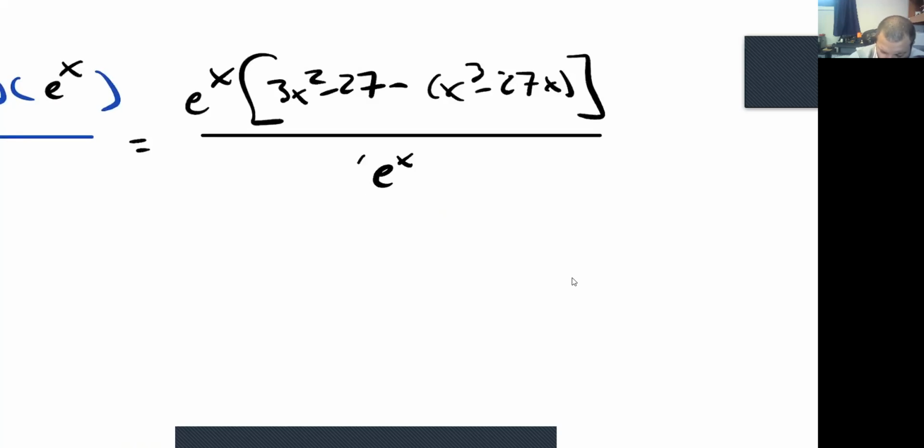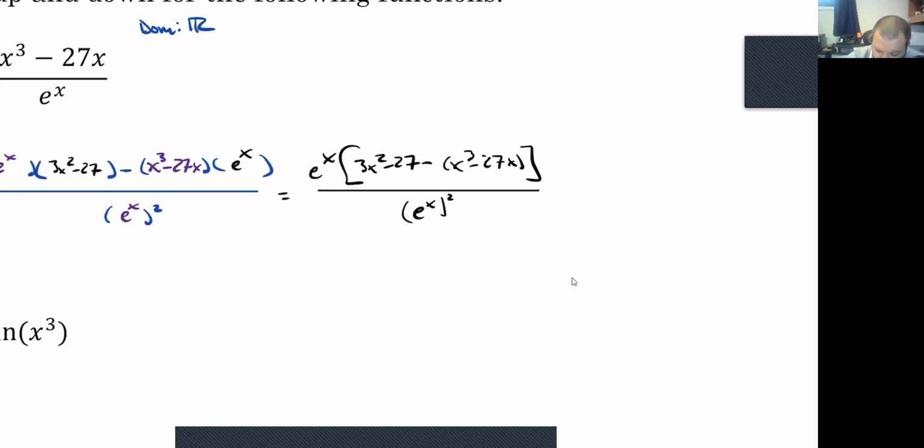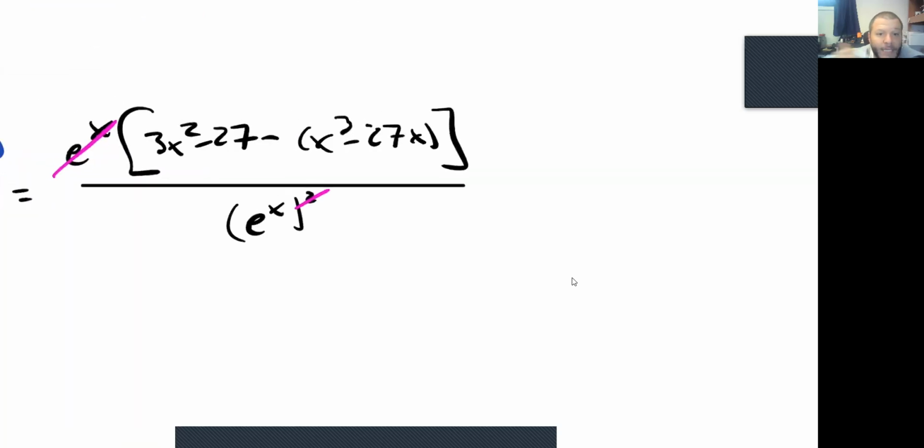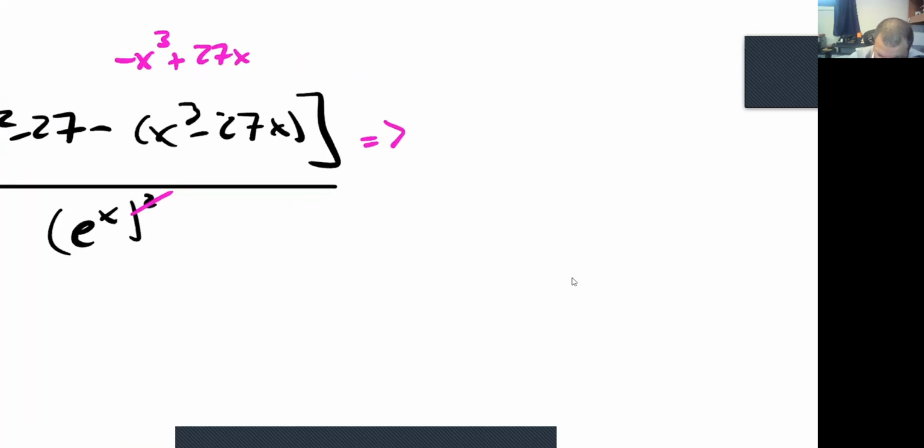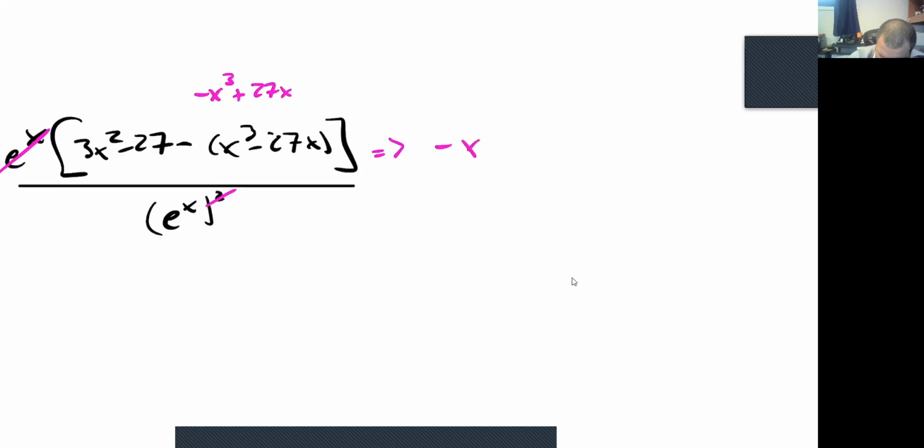So that would be an e to the 2x technically, but we're going to cancel one of these out anyway. So we can cancel this and one of those, and then we can clean up what's inside of these parentheses, right? I have a negative x cubed. I have a positive 27x. So I'm going to write this as negative x cubed plus 3x squared minus 27x plus 27x and then minus 27.